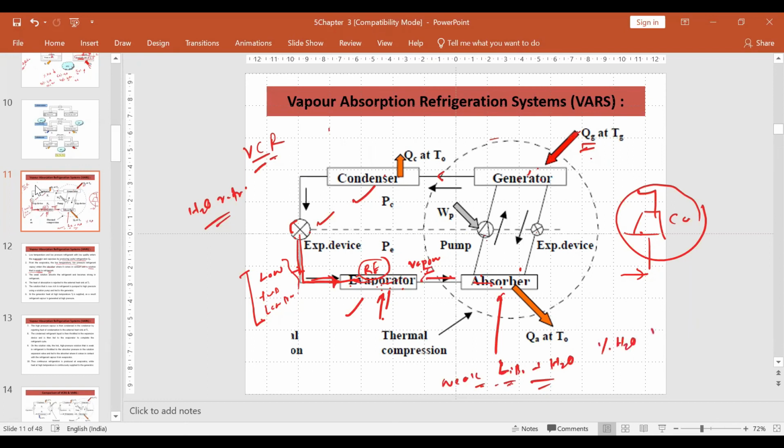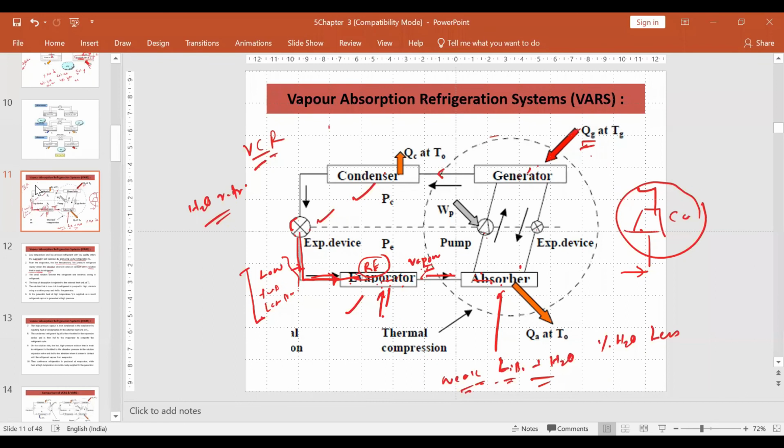Remember, weak in solution, what is the meaning? Percentage of refrigerant is less. In this case, water is used as a refrigerant. Lithium bromide is not a refrigerant, remember.